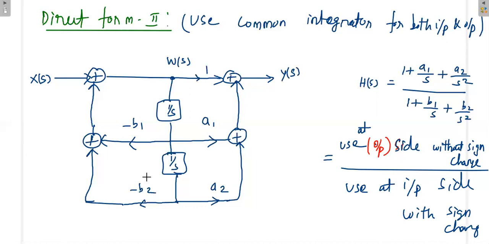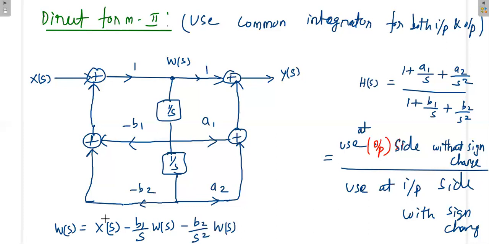For that, now we have to write W of s. W of s with respect to the input side is X of s coming directly, then the same W of s is going towards 1 by s and also minus b1, so this is minus b1 by s, again W of s going this way, 1 by s, 1 by s, 1 by s square, minus b2, so minus b2 divided by s square W of s.